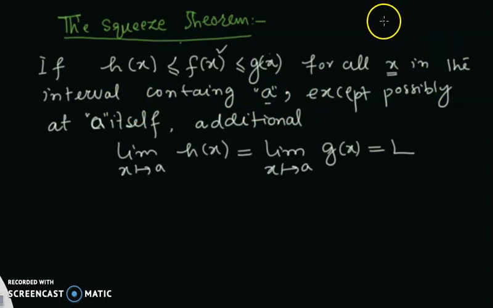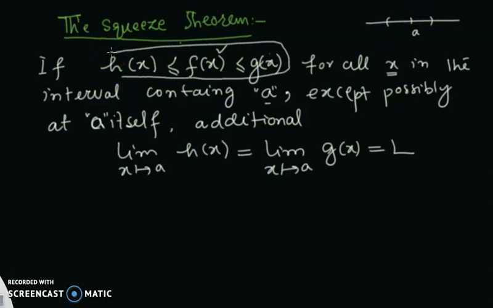So there is an interval around a point A, and on this interval you have this relation among functions f, g and h. This might not hold at A itself. These functions can satisfy this relation on this interval, but they might not satisfy it at the value A, though they will be satisfying it here and here.